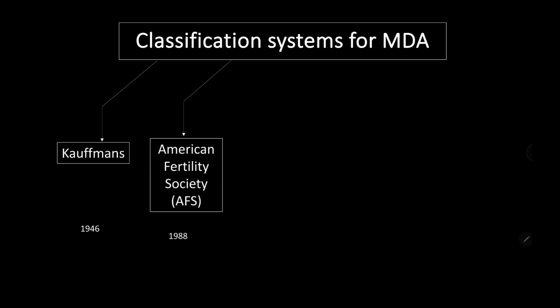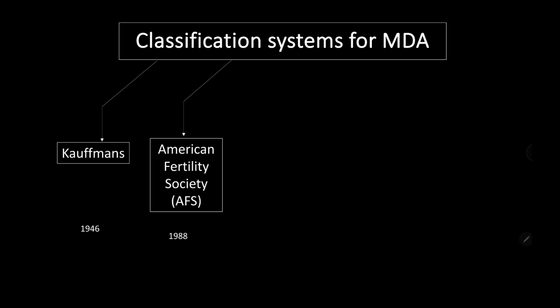Since we're talking about the Mullerian duct anomalies, we have to know what classification systems were used or are used for classifying them. There are many classification systems for Mullerian duct anomalies. The oldest one dates back to 1946, which is the Kaufman's classification. We do not use this classification anymore. After this, there was the very famous American Fertility Society classification in the year 1988, which was used for many decades, and was a very simple classification.